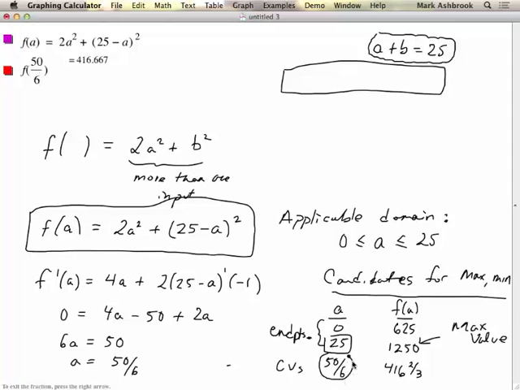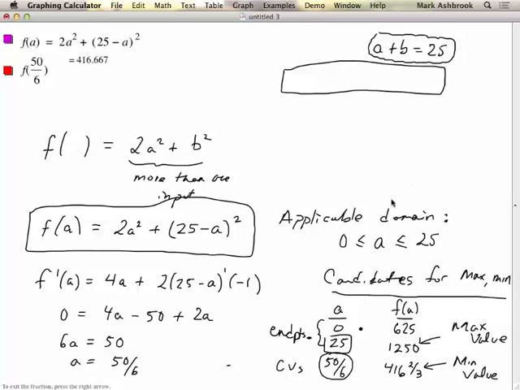So that must be a local min, because the endpoints are both greater, so it must be coming down to a local min at 416 and 2/3. And we could check that by plugging that into the second derivative, and we should get what?